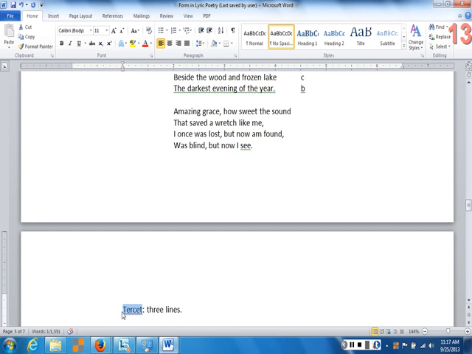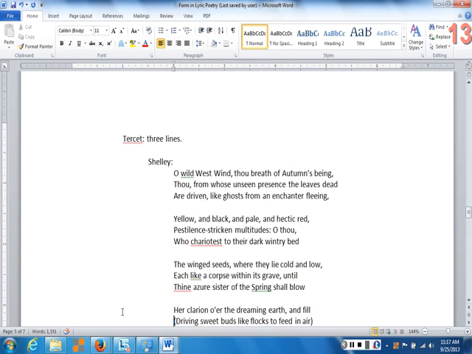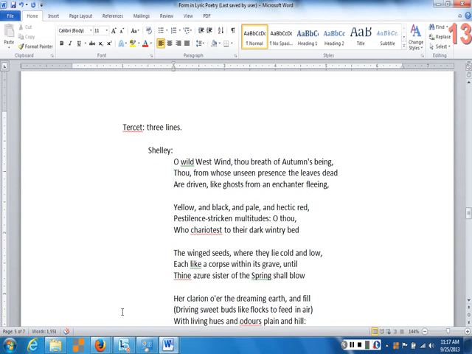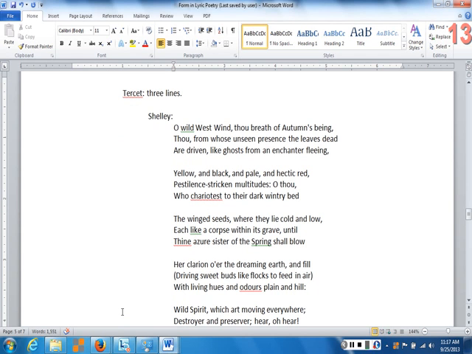All right, moving along then, what do we call a stanza of three lines? A tercet. And here's an example. This is Shelley's "Ode to the West Wind," and it is written in stanzas of three lines. "O wild West Wind, thou breath of Autumn's being," okay, first line.